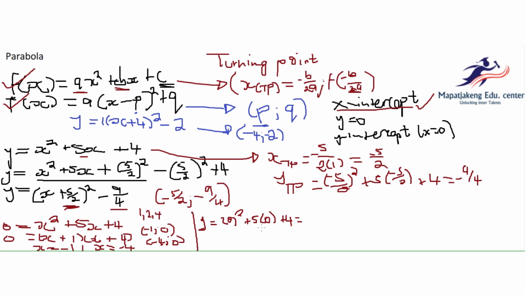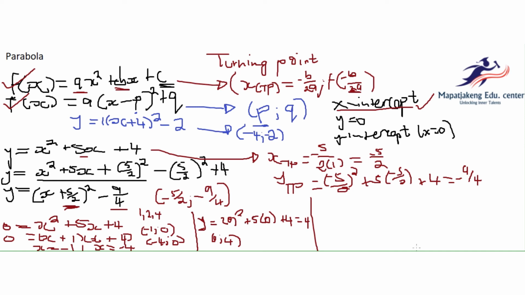Any number times 0 is 0, so 5 times 0 is 0. Then we're only left with 4. Remember I told you our y-intercept is just c. There we got our y-intercept. We only have one y-intercept. We know that x is 0, and our y will just be this 4. Happy? Any question until this point?